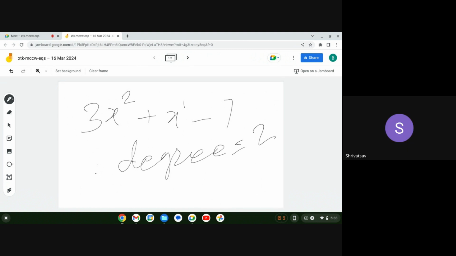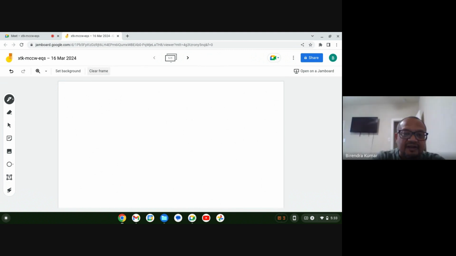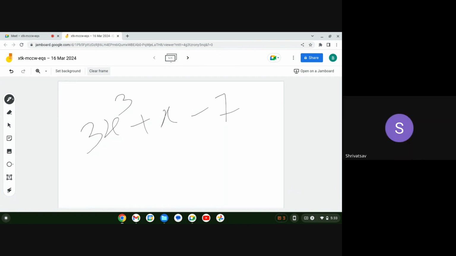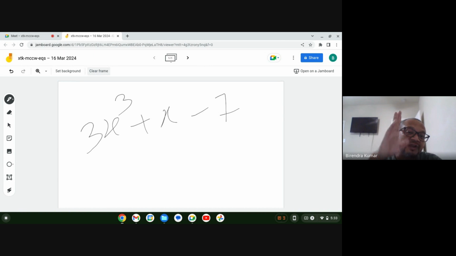If you have something like this, what is the degree of this polynomial expression? 3. You are looking at the maximum value of the exponent for that expression.